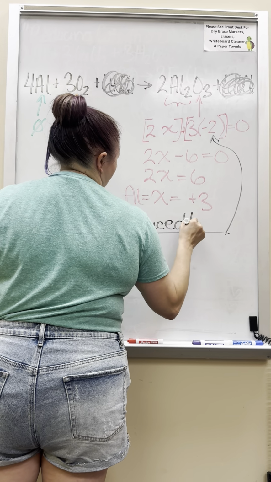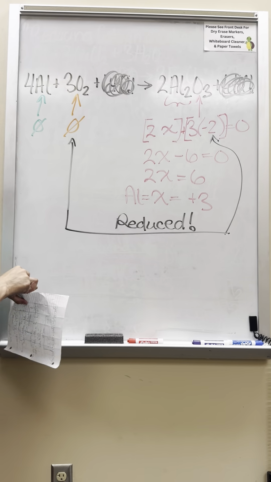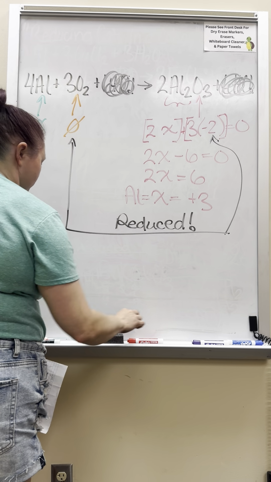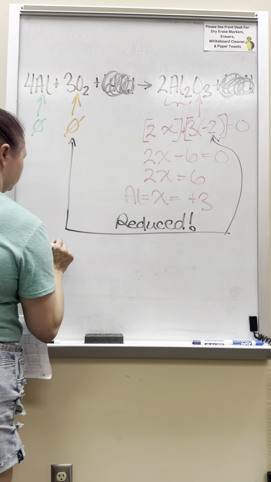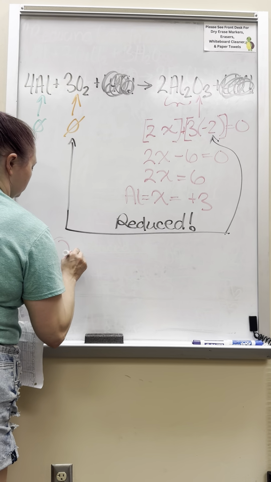And what do we know about what is being reduced? It is your oxidizing agent. And once again, it is the whole thing, O2. Okay? It does not include the coefficient. Does not include the coefficient. All right.